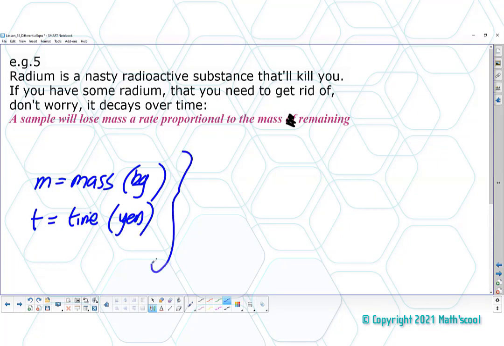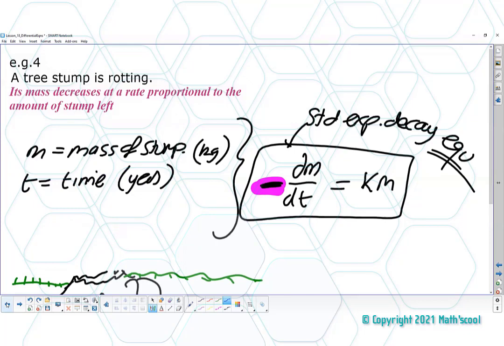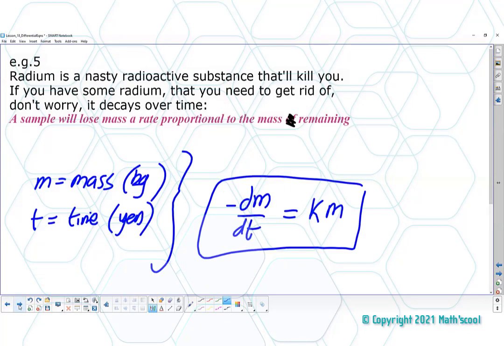For my differential equation, Matthew? Minus dm dt. Do you recognize that? It's identical to the last one. It's identical to the tree stump. It's the same situation.